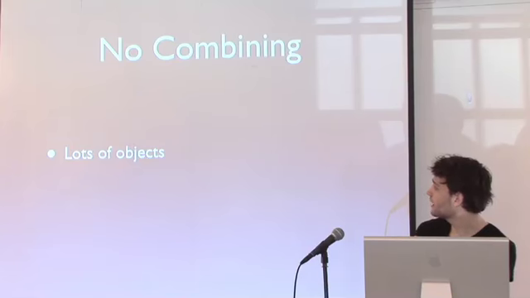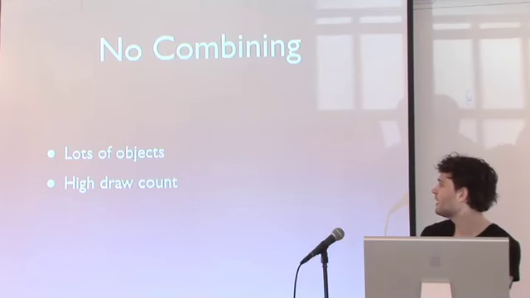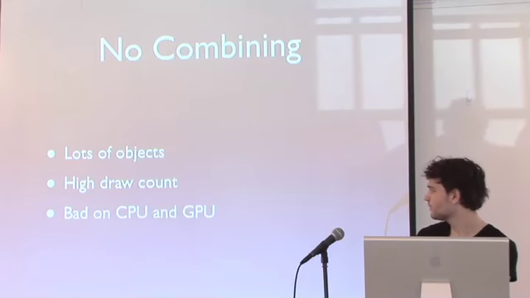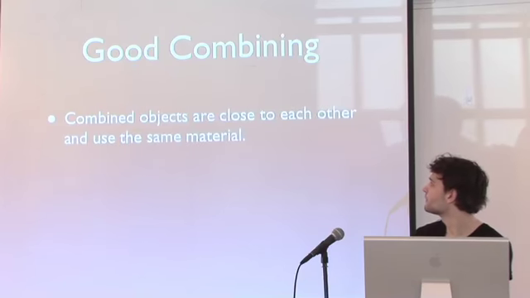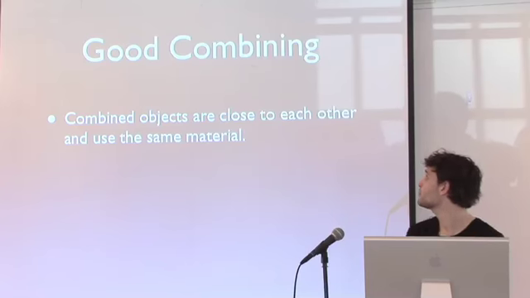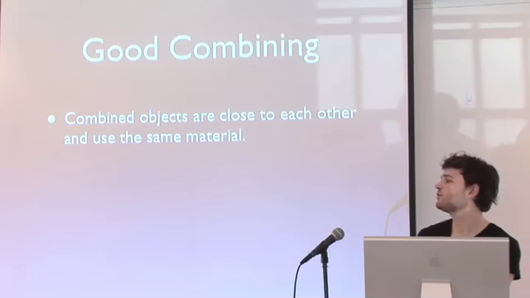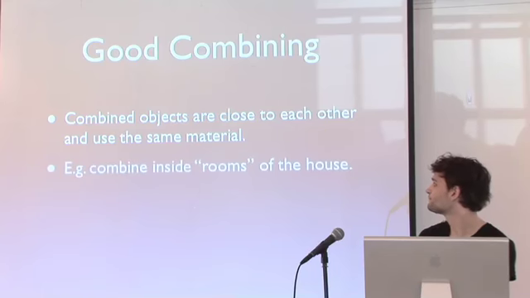So no combining, pretty bad, lots of objects, CPU gets taxed, high draw count, your game runs slow. Good combining. We combine objects which are really close to each other, and we try to use the same material.